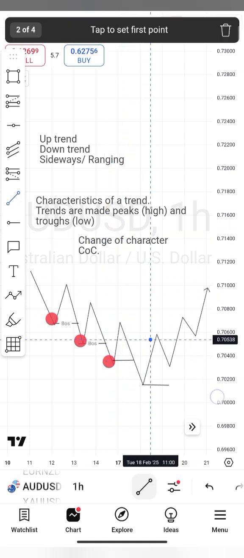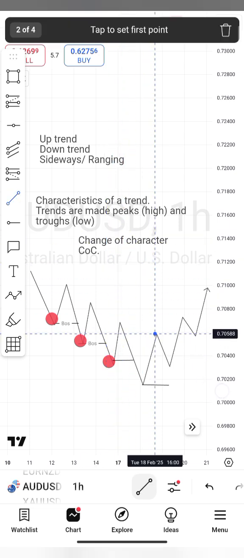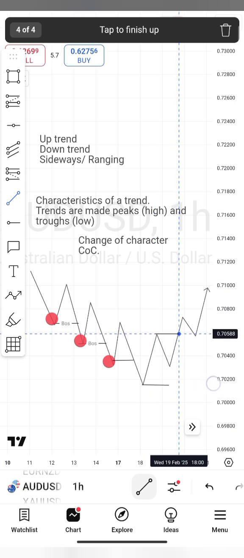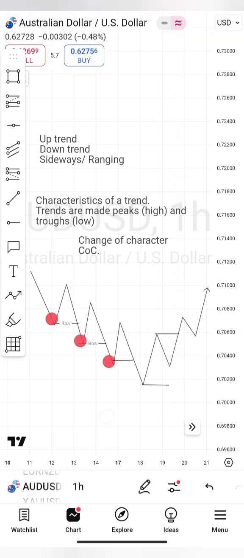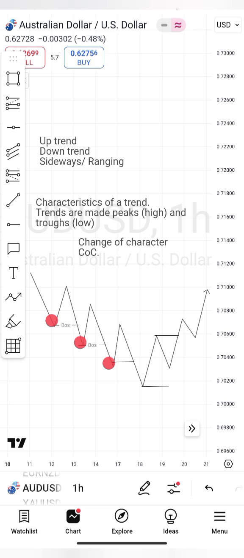Then you notice that this low was taken out. In a downtrend, the lows are the target. The lows are what gets broken. What you now notice is that the highs, which are usually protected in a downtrend, were now targeted and taken out.